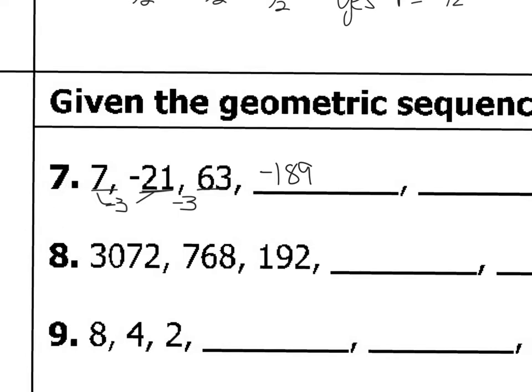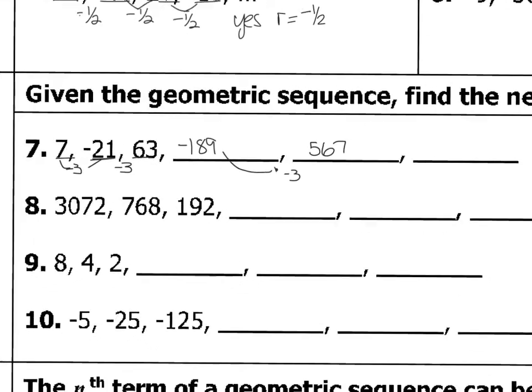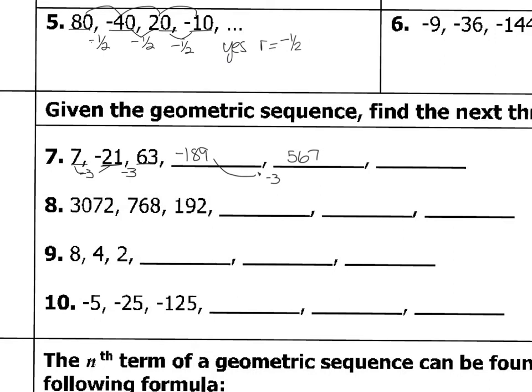Remember, watch your signs. Then negative 189 times negative 3 is going to be positive 567. And then 567 times negative 3, negative times positive is going to be negative, right? 1701.